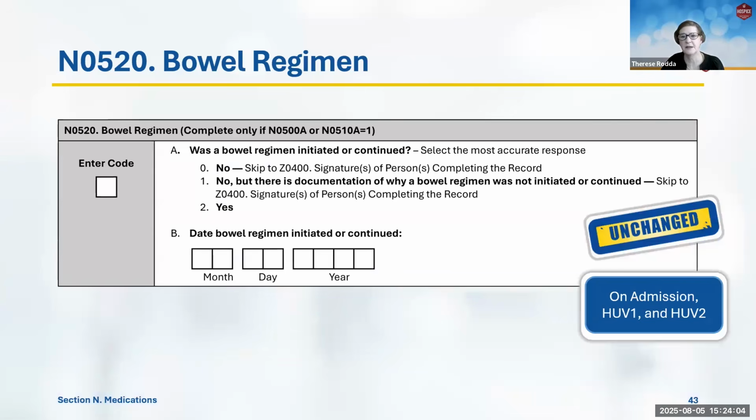Here is the last data element in section N, N0520, bowel regimen. Again, this item has not changed. It will now be collected at additional time points, HUV1 and HUV2.